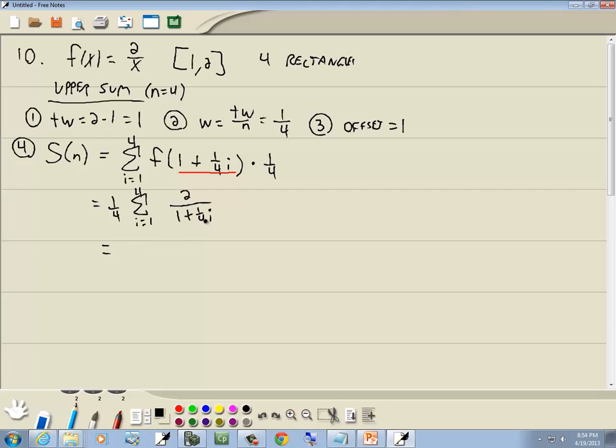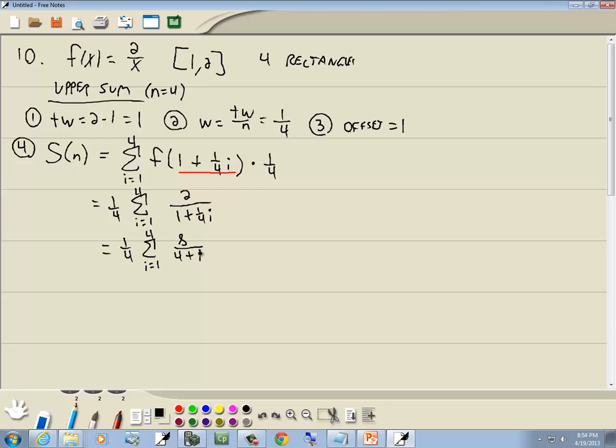If I simplify that a little bit, it will probably help. I made this problem up and I haven't actually worked it. If we get rid of the fraction within the fraction, we multiply everything by 4. Multiply the 2 by 4, and we get 8. The 1 by 4, and we get 4, plus, and multiply the 1/4 i by 4, and that gives us i.